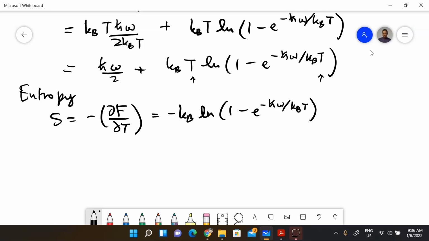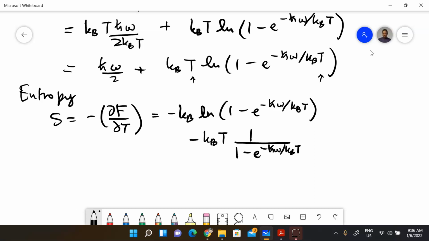And then you have to differentiate the log. So that gives you minus kBT coming from here, and then the differentiation of the log gives you 1 over 1 minus e to the minus h bar omega on kBT.